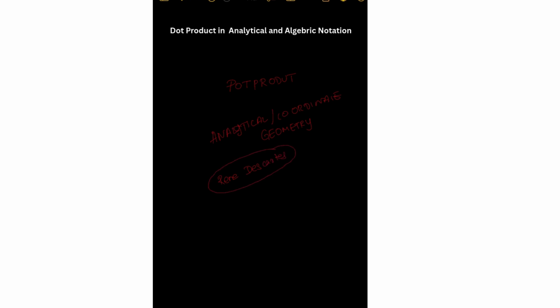where he made a difference from classical geometry, which focuses on abstract shapes and figures. It did not involve any algebraic equations nor directions. So analytical geometry, also known as coordinate geometry, is the bridge between algebra and geometry.